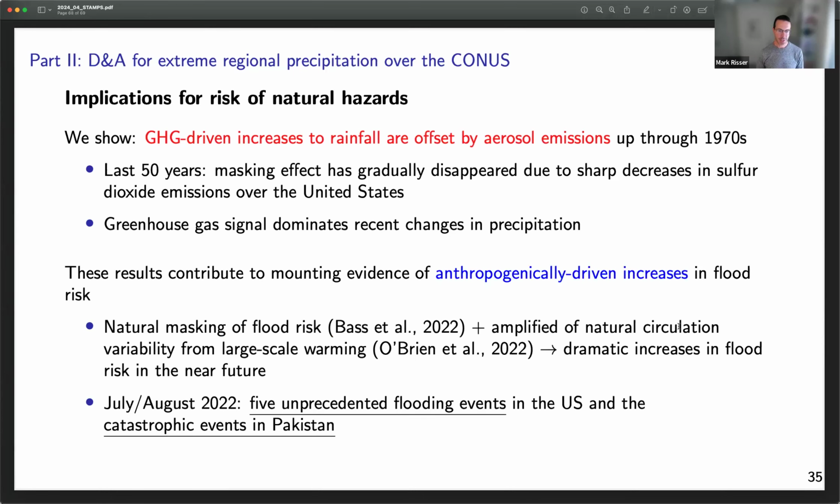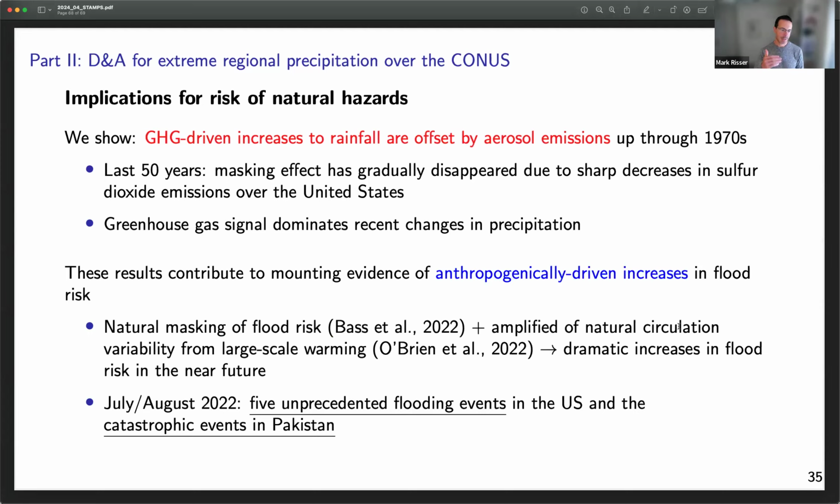Interestingly, this completely independently verifies some other results that have come out in the last year or two about how human influence is increasing the risk of flooding, both by influencing natural variability, as well as through this masking effect we were talking about.